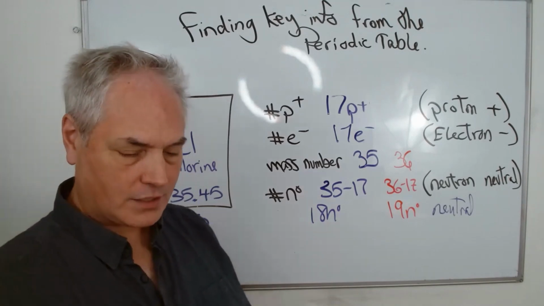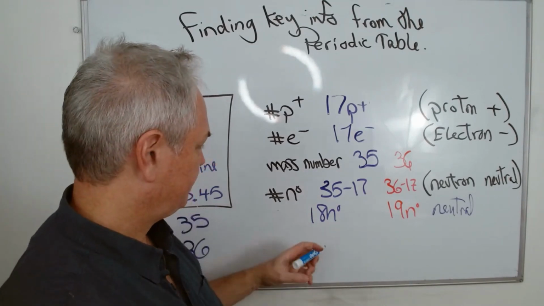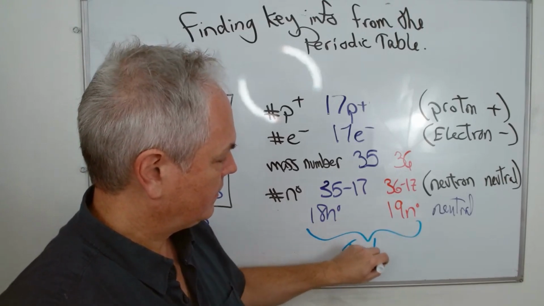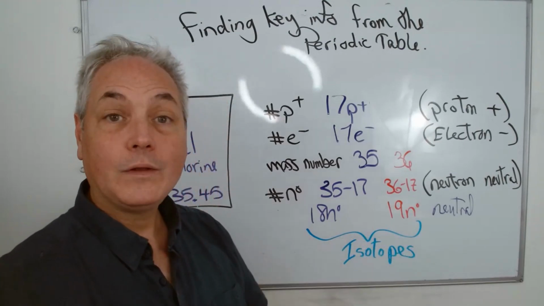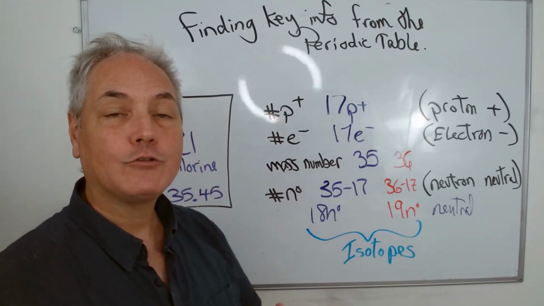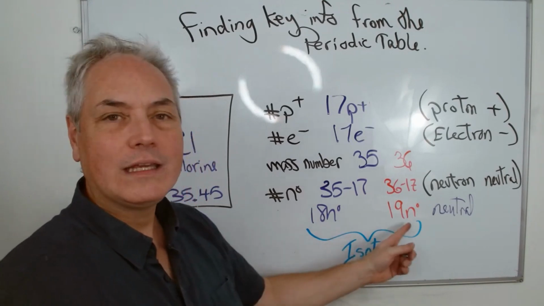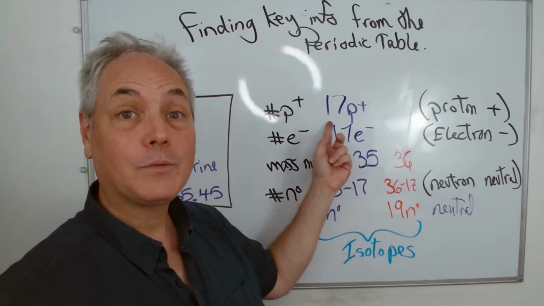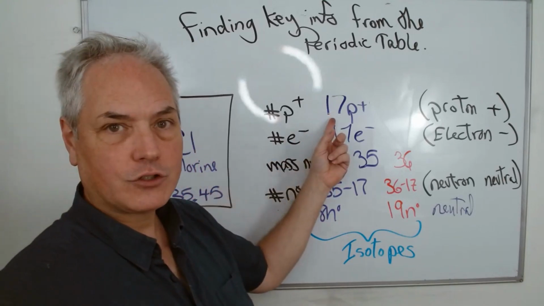So this brings us to a concept that we call isotopes. When you have an element and you have several isotopes of the same element, here's an example. The atomic number is always 17 for chlorine. That never changes.